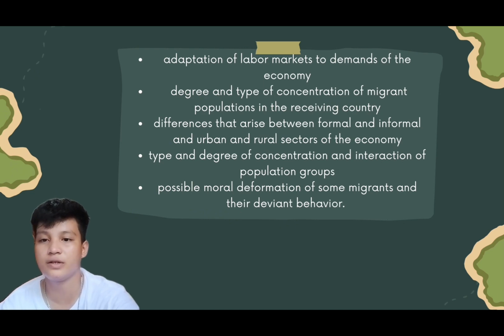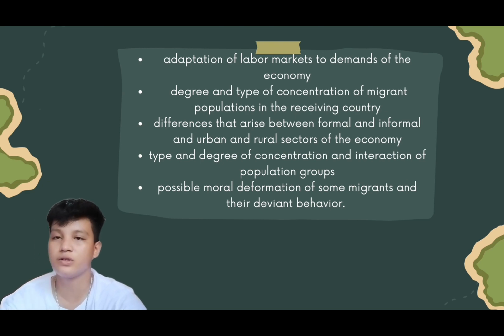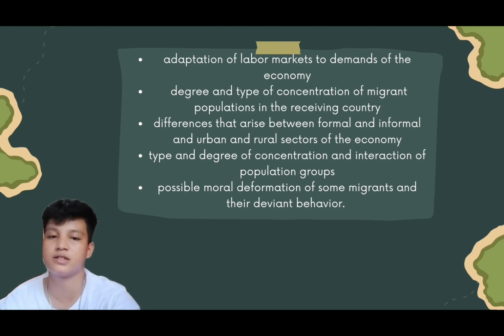Lastly is the type and degree of concentration and interaction of population groups, and possible moral deformation of some migrants and their deviant behavior. So, those receiving countries must have policies that address the presence of economic immigrants and refugees on the territory, without this being considered detrimental to national interest.